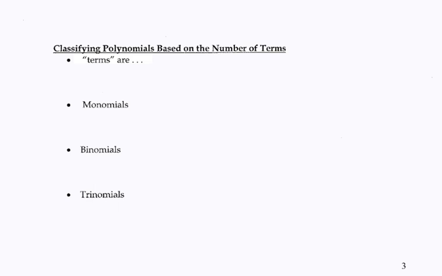When I say how many terms does this have? Yes, Carson. How many terms does 2x squared plus 6x have? 2. So what are the terms separated by? Yeah, they're separated by plus or minus.